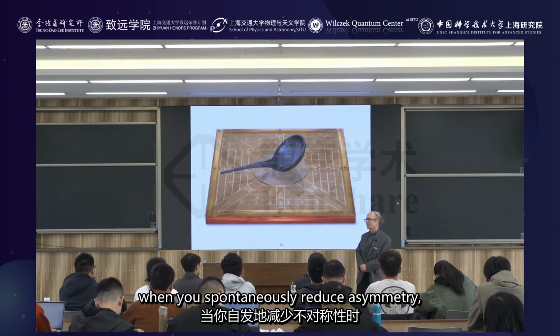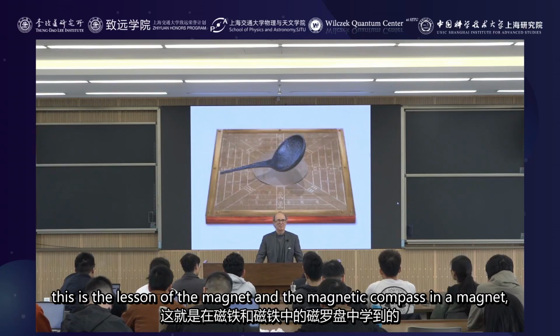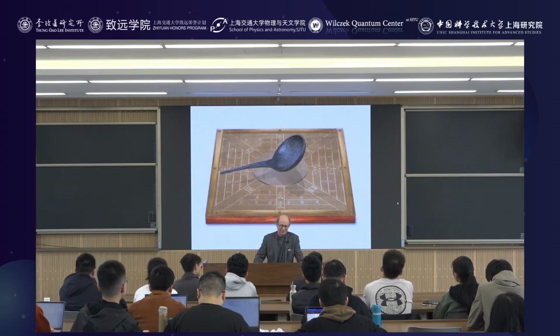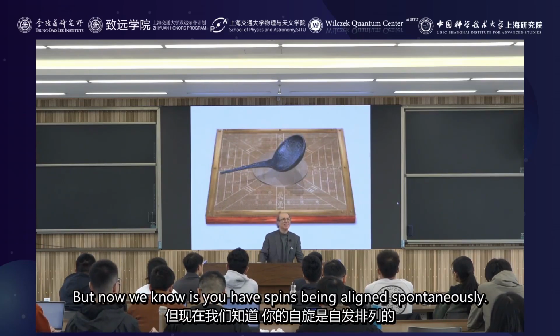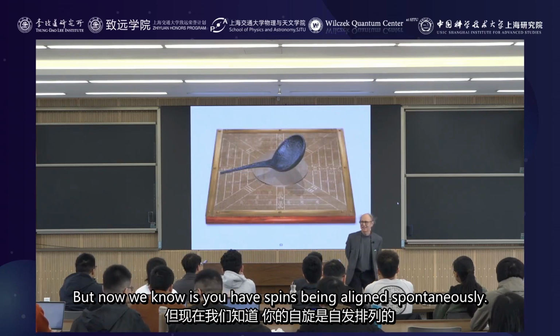Now, when you spontaneously reduce a symmetry, that has consequences. This is the lesson of the magnet and the magnetic compass. In a magnet, we know now, they didn't know then, you have spins being aligned spontaneously.